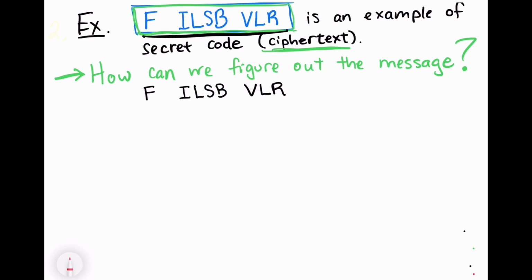I write the ciphertext down, and I'm just going to move one letter. I'm going to use the next letter in the alphabet for each of these letters.